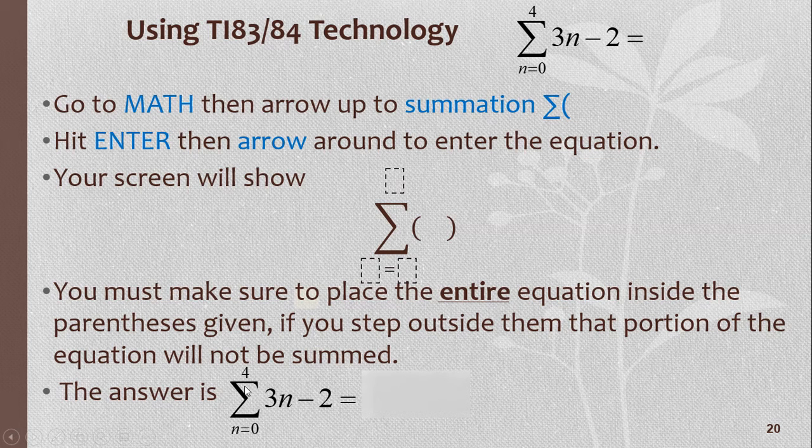Okay, so if I want to sum this up, I can sum n equals 0 to 4 of 3n minus 2. If I plug it in my calculator, it equals 20. So you might want to practice on your calculator, make sure you can figure that out.